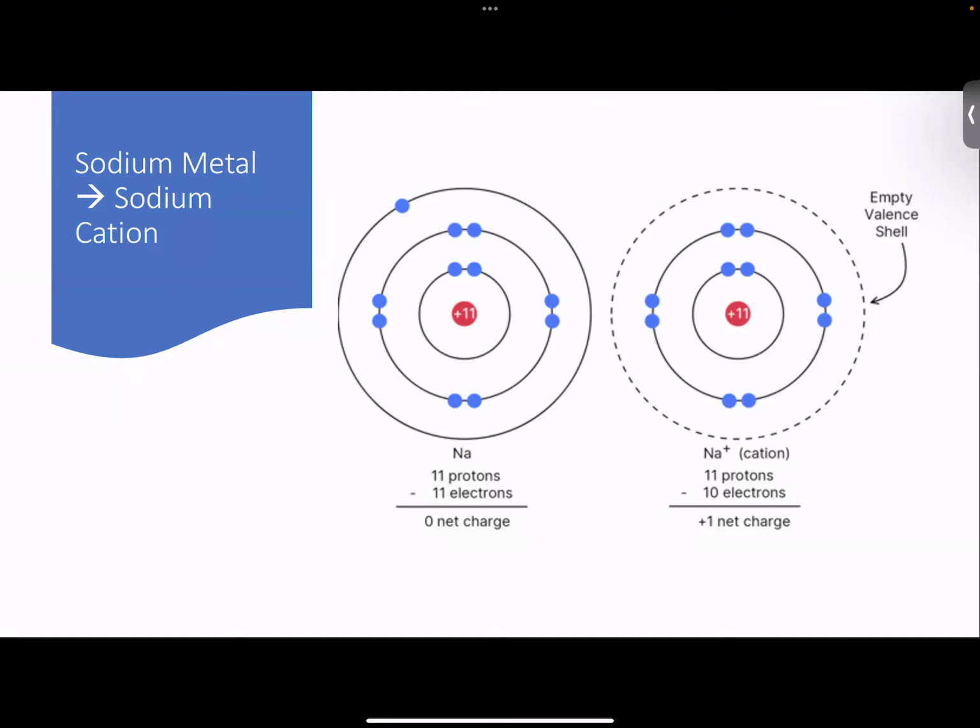So you have a plus 11, a minus 10, which gives you an overall plus 1 charge. That plus 1 charge is illustrated as a superscript to the right. Now, a lot of times when we have a 1, we don't include the number, but if we had a 2, 3, or 4, we would include the value as well as the sign.